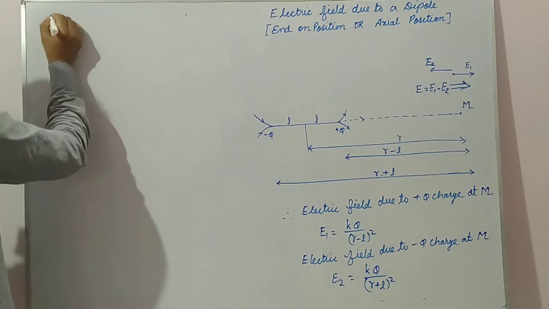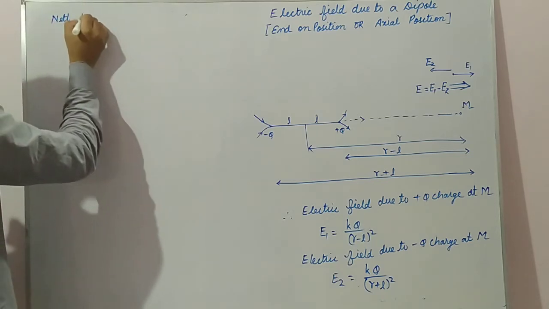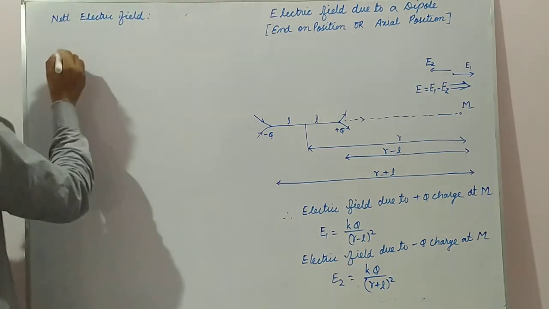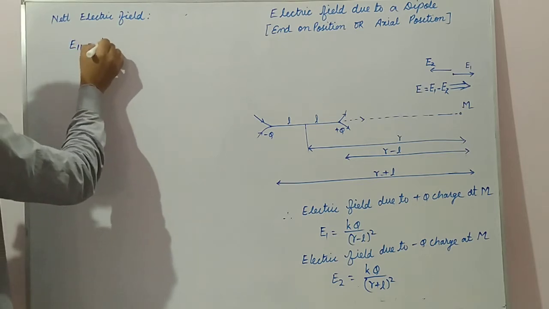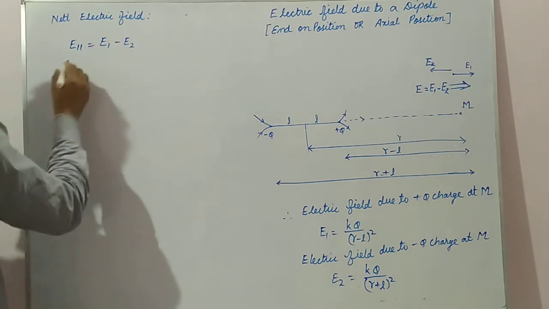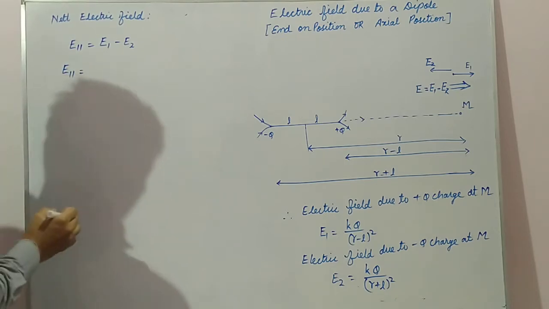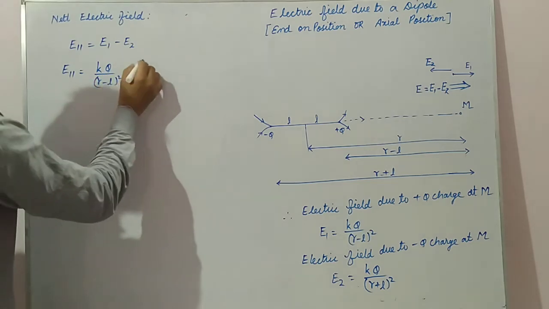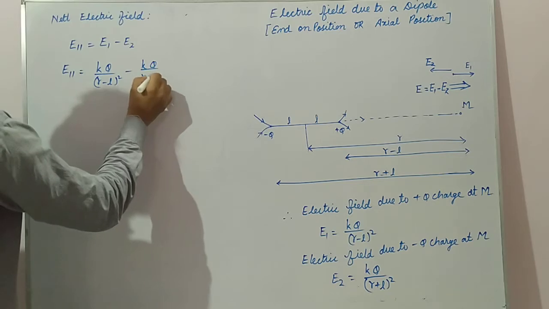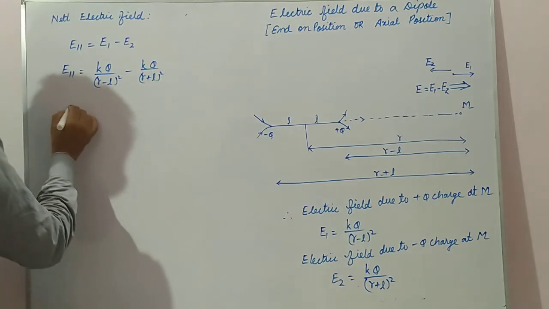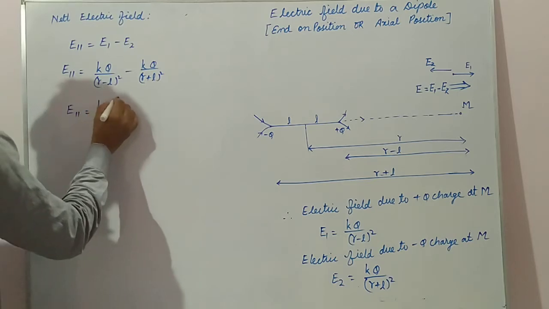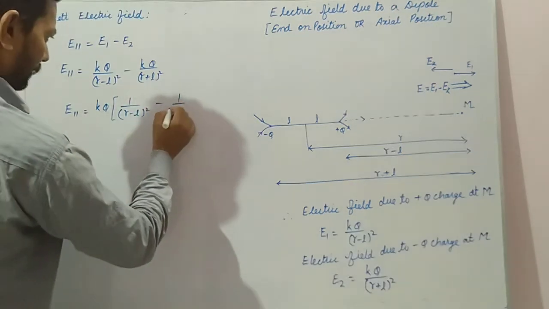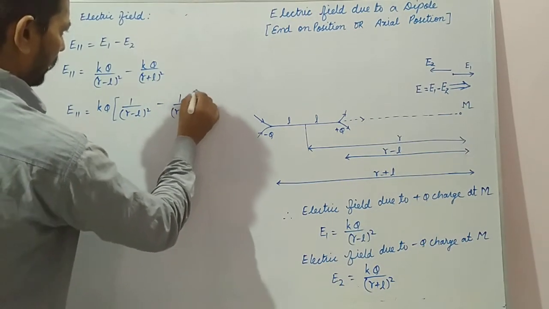So net electric field is given by E equal to E1 minus E2, or electric field along the axis is kq by (r minus l) the whole square minus kq by (r plus l) the whole square. That is kq times [1 by (r minus l) the whole square minus 1 by (r plus l) the whole square].